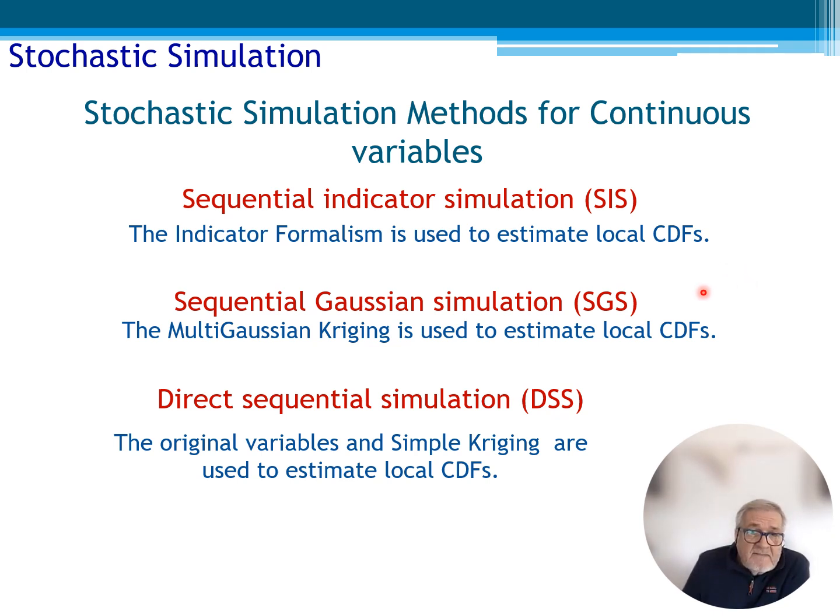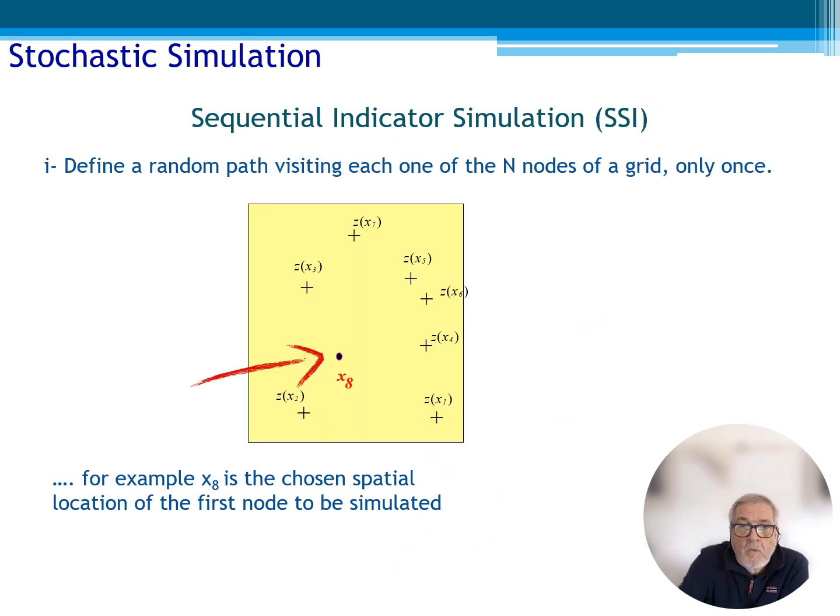The second method is sequential Gaussian simulation based on multi-Gaussian kriging to estimate those local CDFs, and direct sequential simulation, which uses the original variables to estimate the local CDF, as you are going to see. So let's start with the sequential indicator simulation.